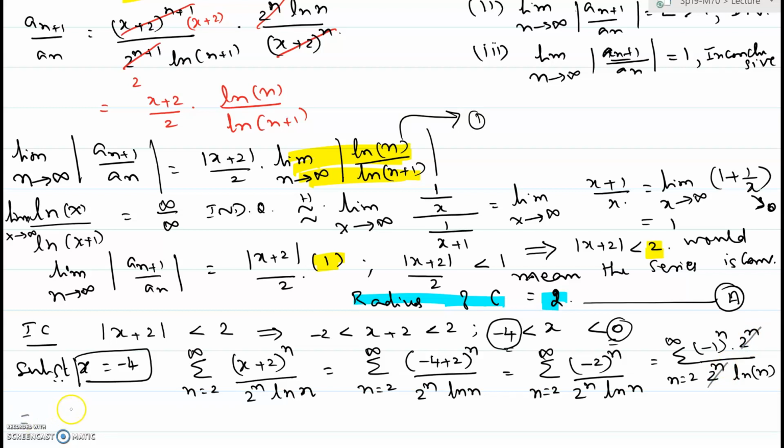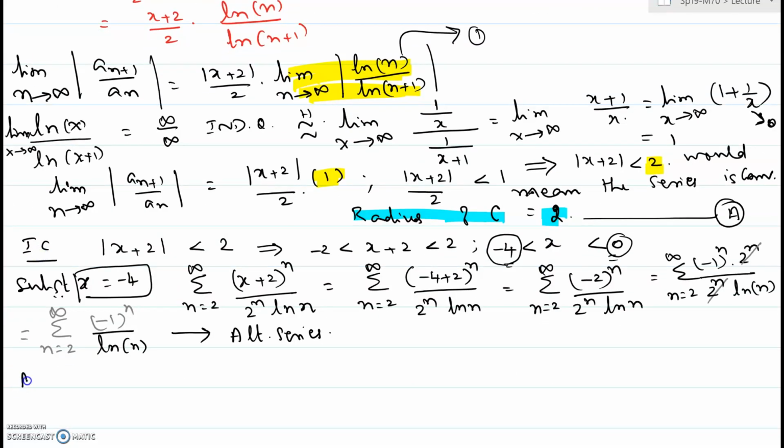We get the series n varying from 2 through infinity of negative 1 to the power n divided by ln of n. This is an alternating series. In order to see whether the series converges at negative 4, we have to see whether this alternating series is convergent or not.